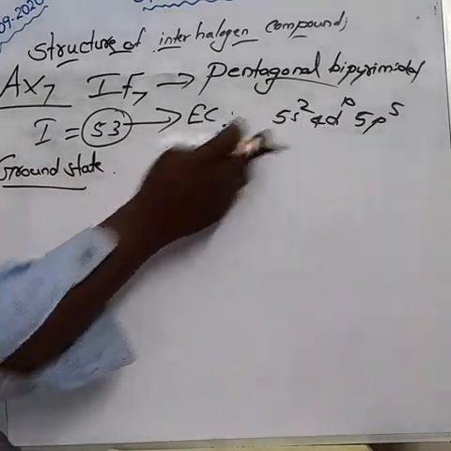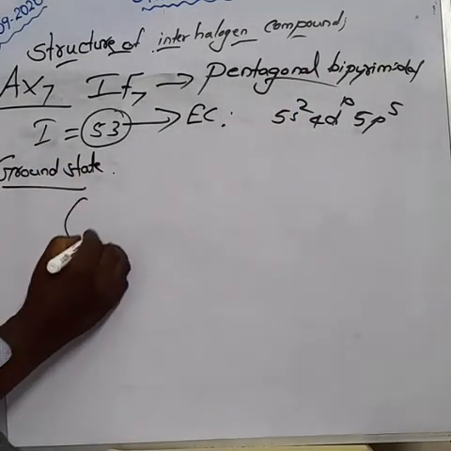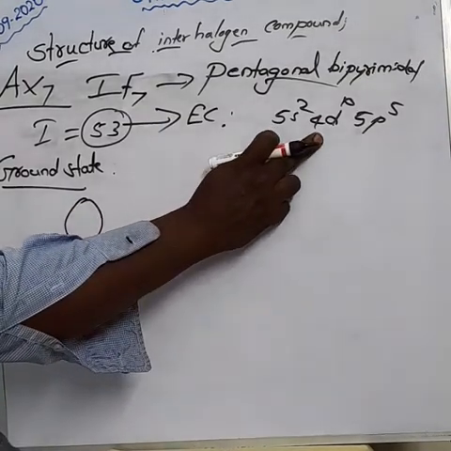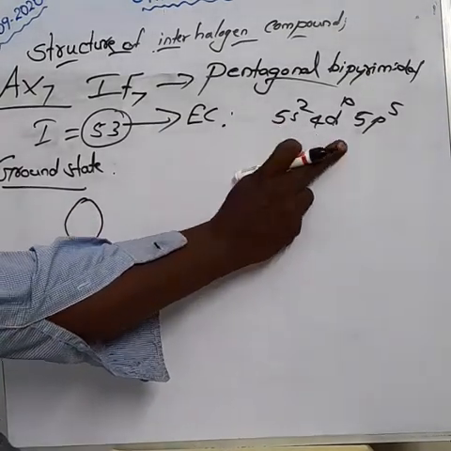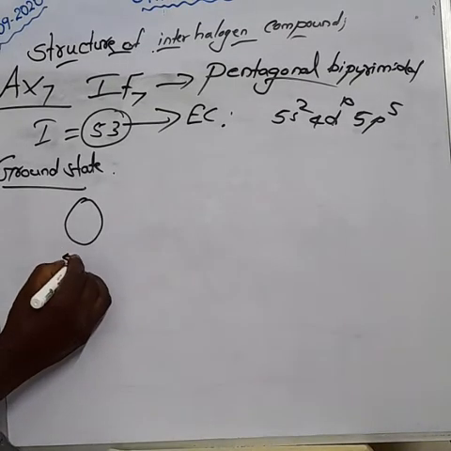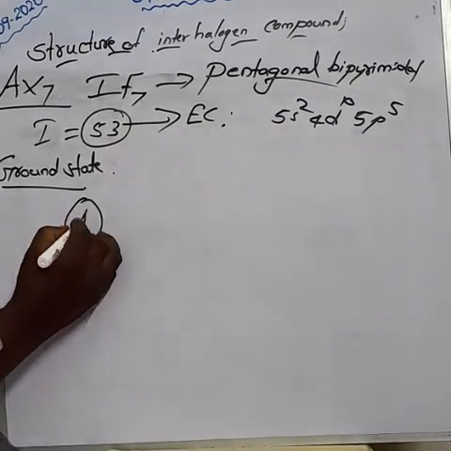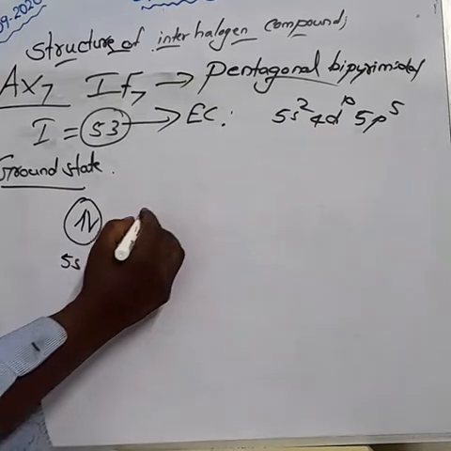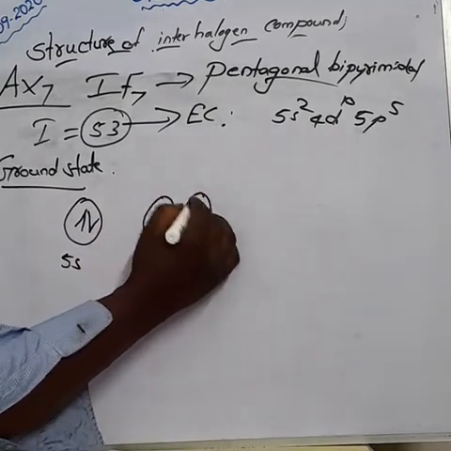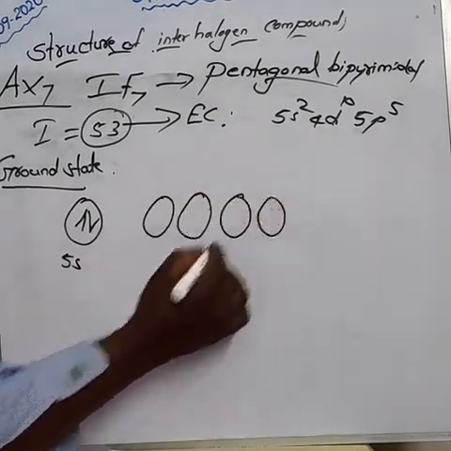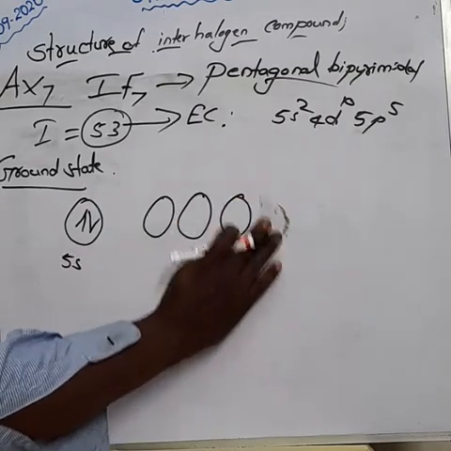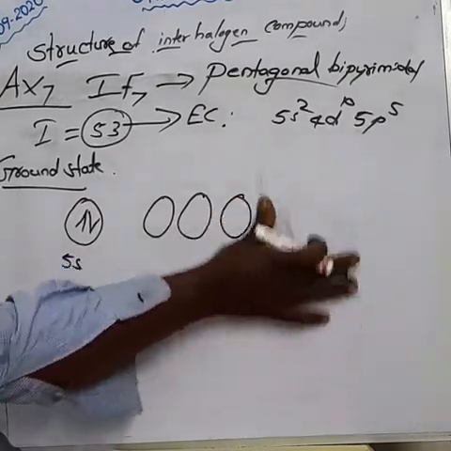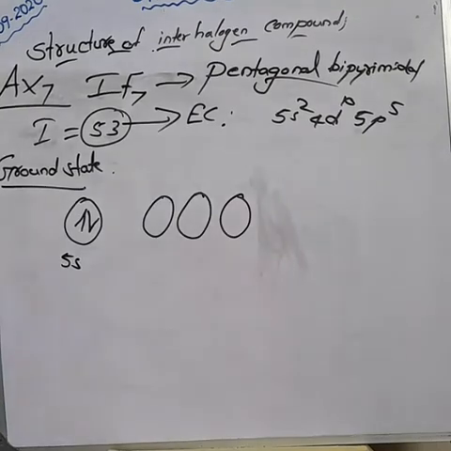For iodine, we are leaving the 4d and taking only 5s. How many electrons are there? 2 electrons. We are taking the 5p subshell, 5px, 5py and 5pz.